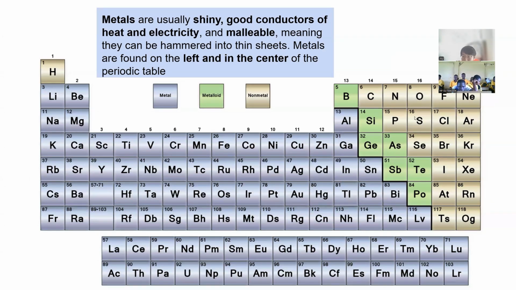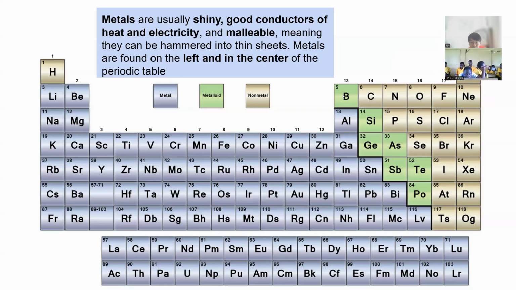So here I've also summarized some properties of metals, which we've already learned last time too, but it's a quick recap. Metals are usually shiny, good conductors of heat and electricity, and malleable, meaning they can be hammered into thin sheets, and they're found on the left side of the periodic table.